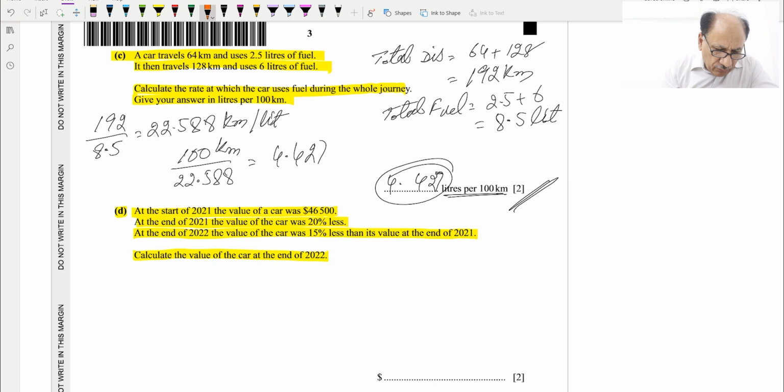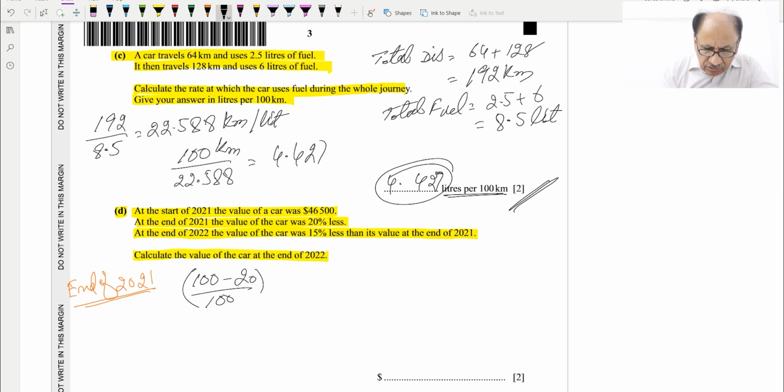So what we will do, we will check the end of 2021. What will be the situation? The car value is lesser, so 20% lesser. So we'll calculate 100 minus 20 over 100.